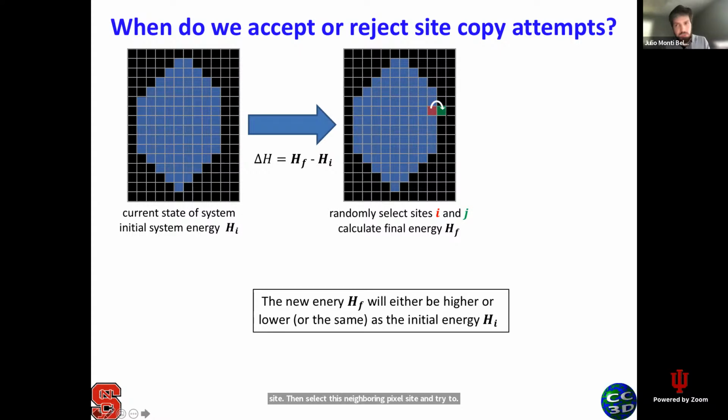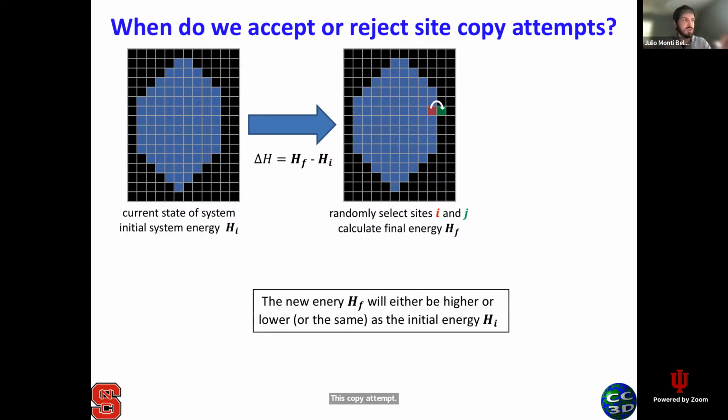If you do this copy attempt, then your cell will have a different energy, HF, final energy, after this, okay? So what we do is that we make the selection, we know what the energy of the system is before you do anything, and then we calculate what will be the energy of the system if I do this copy flip, this copy attempt, okay? So that's going to be our HF.